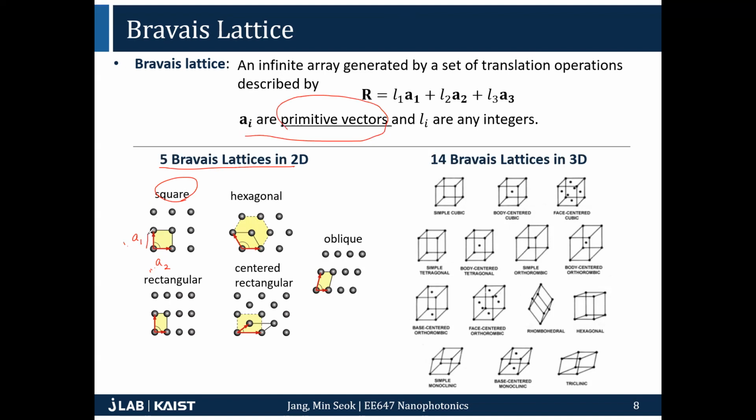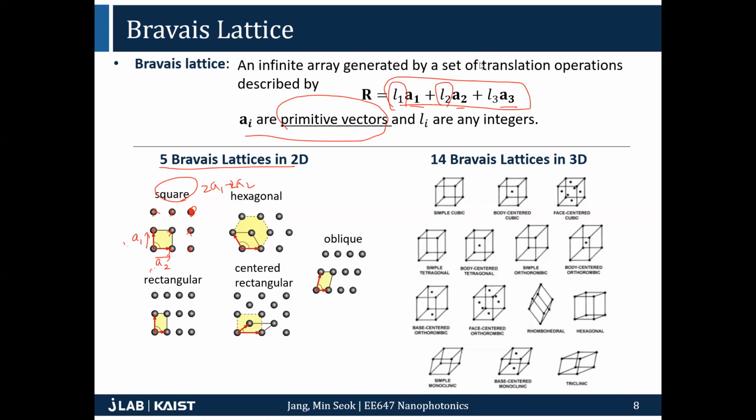A1 is along the y direction, A2 is along the x direction, and any linear combination of these basis vectors multiplied by integer numbers can define a lattice point. So for instance, this one is 2A1 plus 2A2, right? And so on. So if you have primitive vectors, then any linear superposition of these vectors gives you the lattice point.